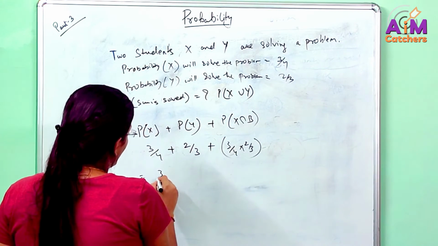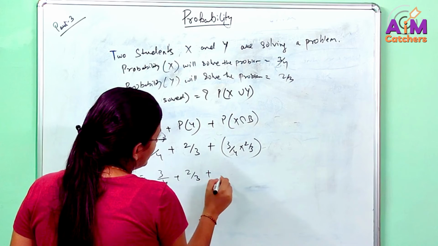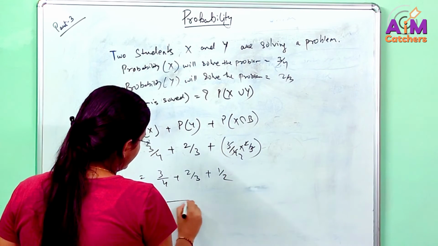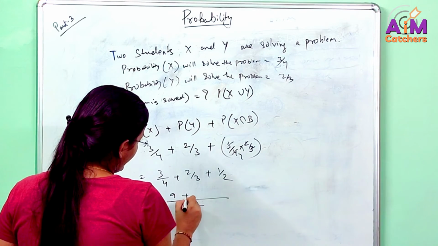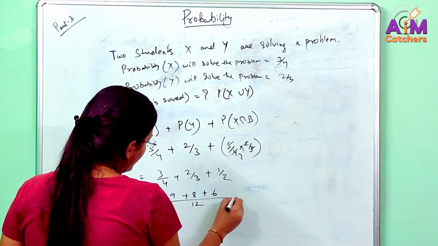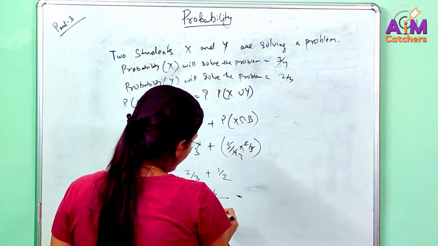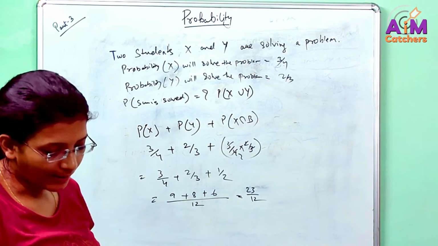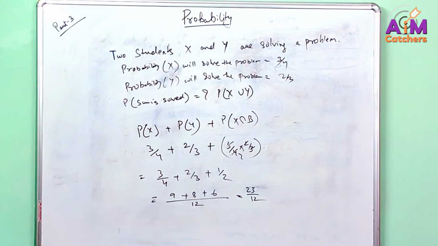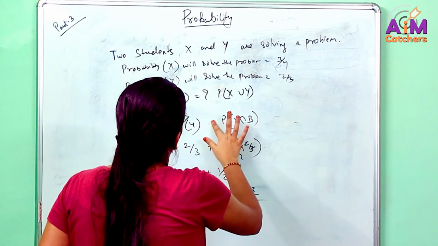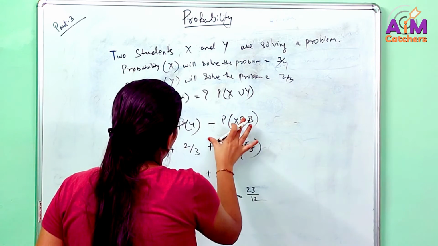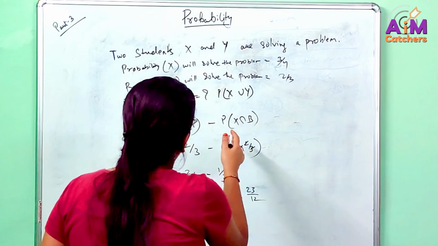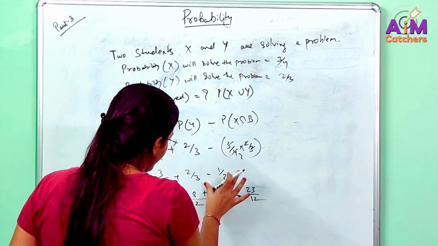So solve it, you will get the answer. So this is the probability that the sum will get solved. The formula will be minus. We will be subtracting it, will not be adding this. Okay.